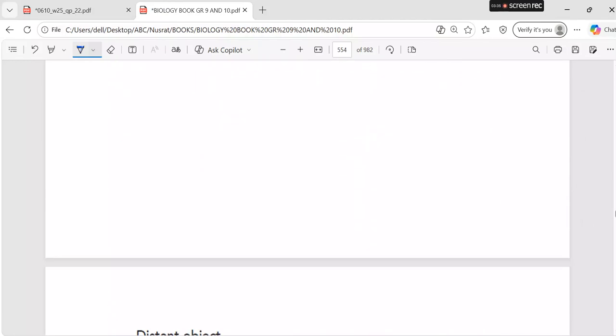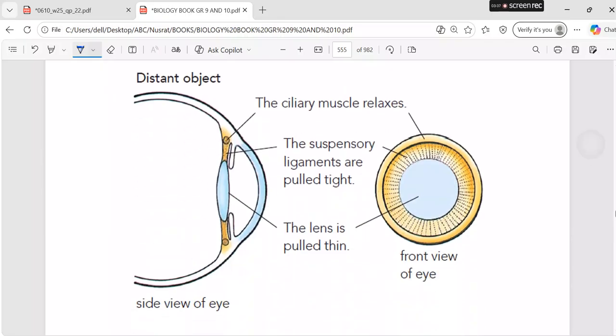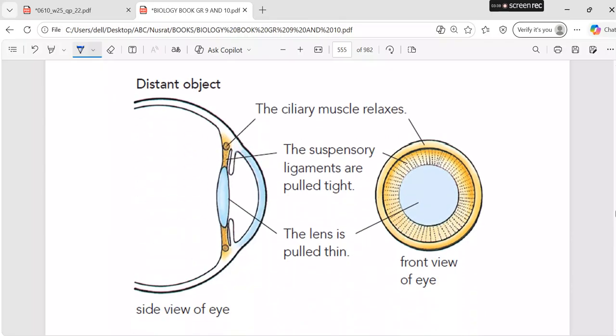If you are watching something far away, then look at the shape of your lens. The shape of the lens gets thinner. Why? Because it is pulled by your suspensory ligaments.